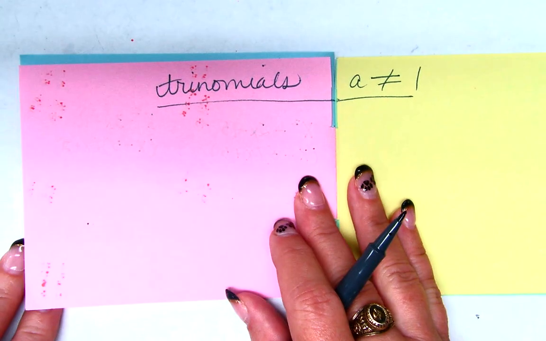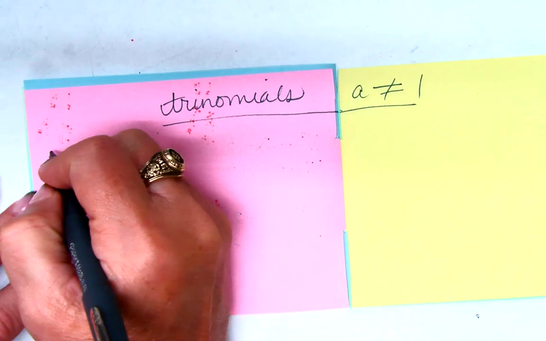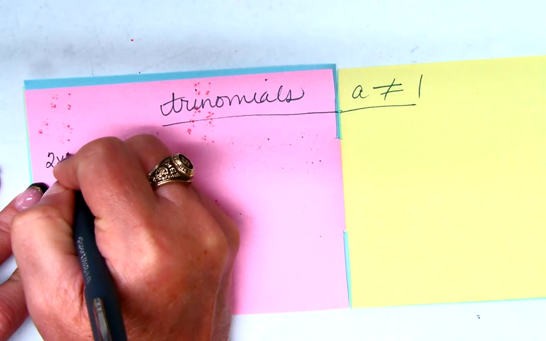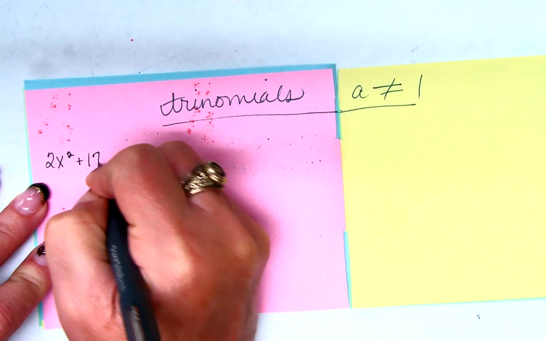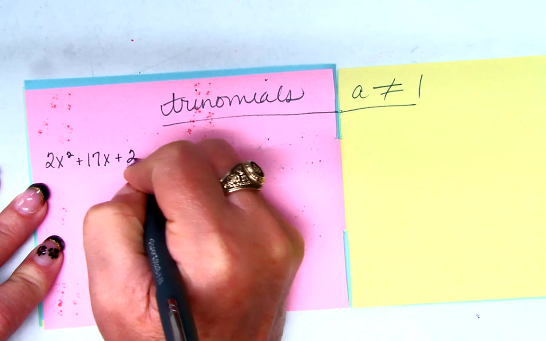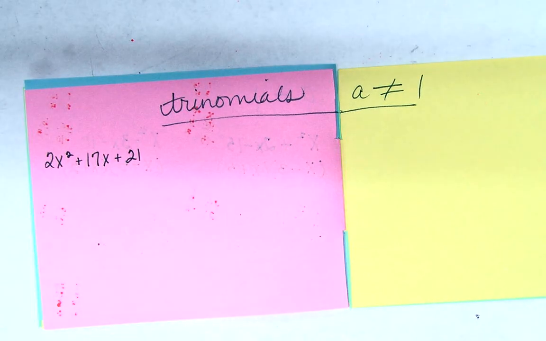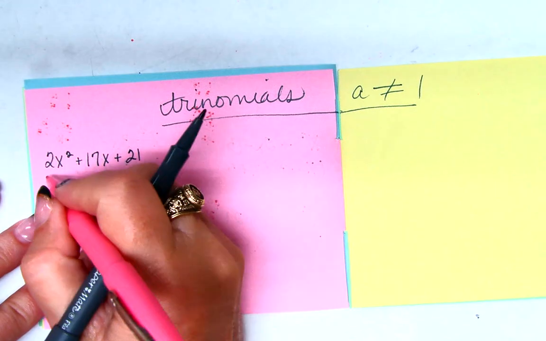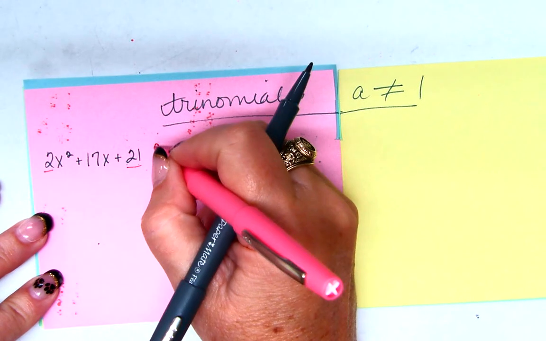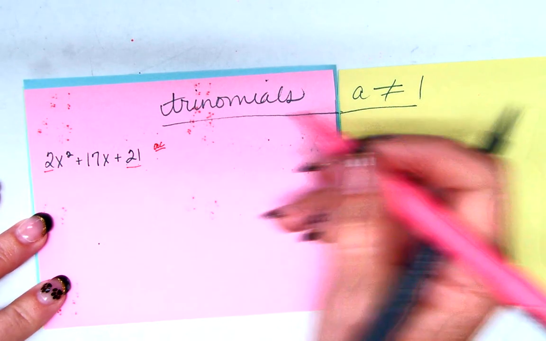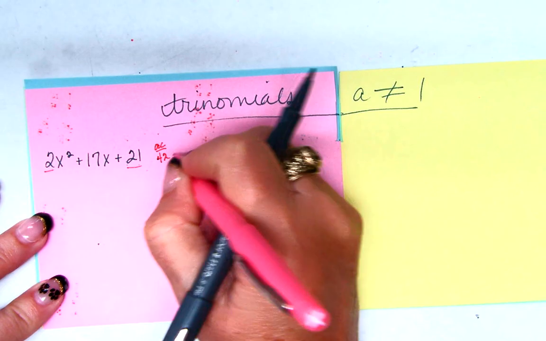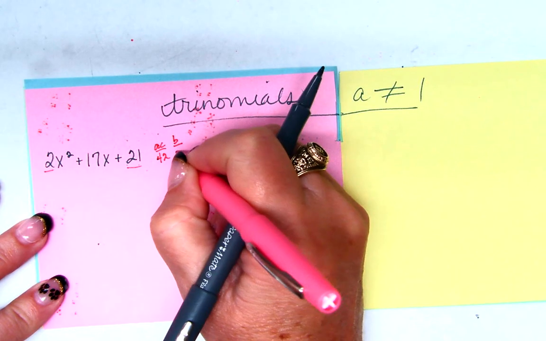So you ready to try one? Okay. So 2x squared plus 17x plus 21. What do you think we need to do first? AC. So in this problem, what is AC? 42. And in this problem, what is B? 17.